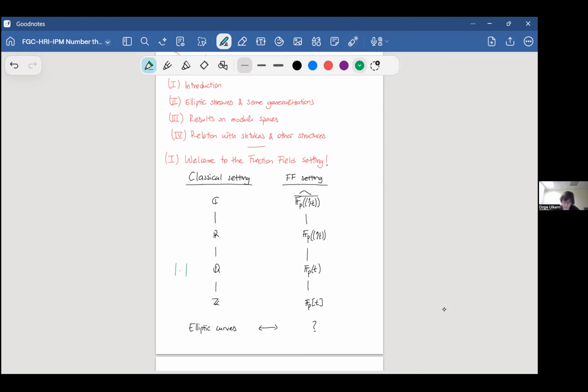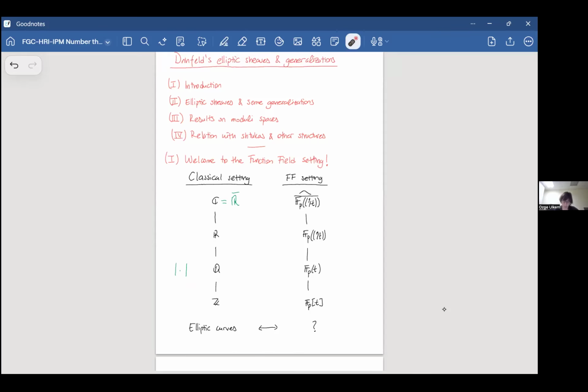And then if we take the algebraic closure of R, we obtain the complex numbers. At the end, we obtain an algebraically closed complete field. And that's our aim in the function field setting as well.